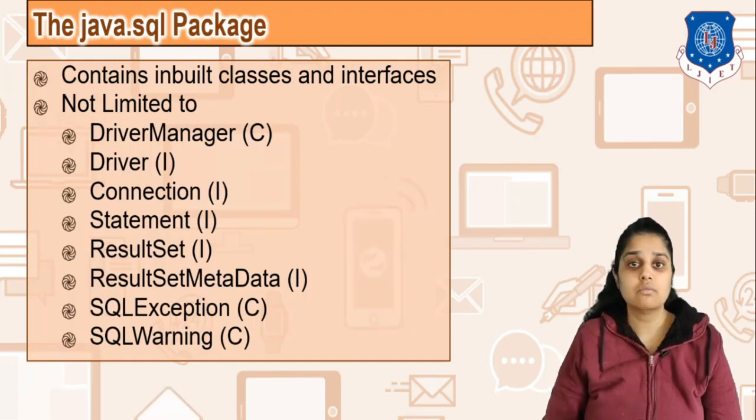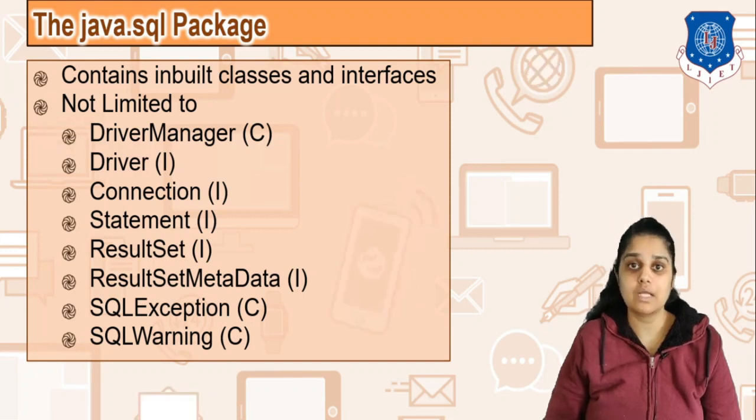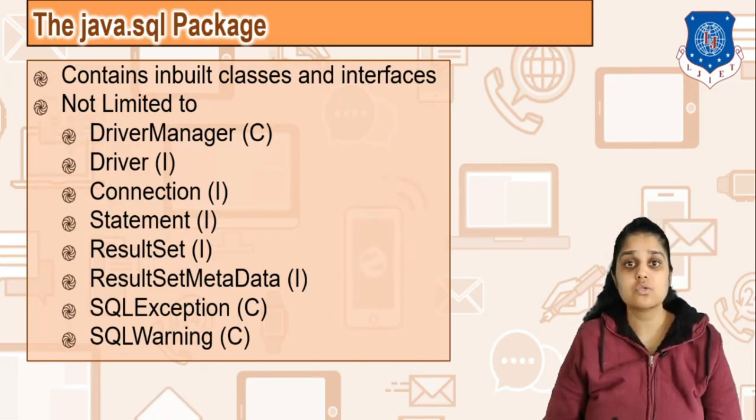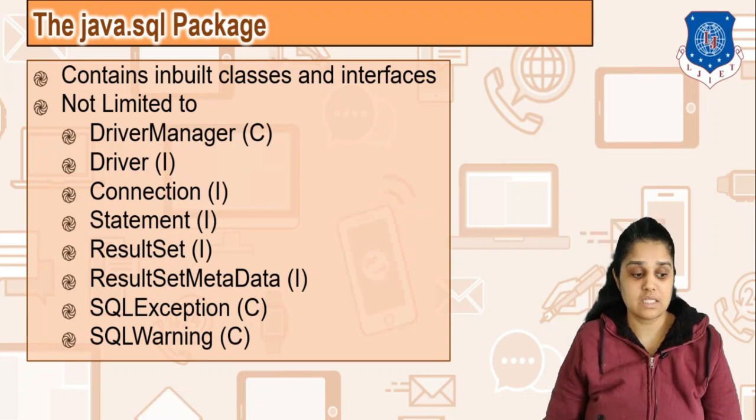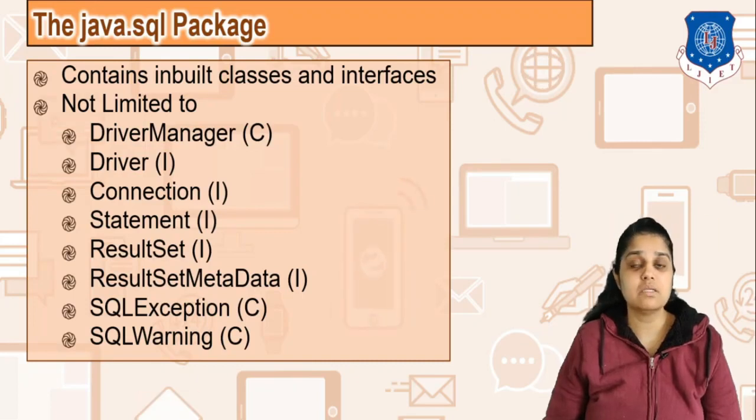Whichever database you want to connect with, you need a specific database driver for that particular database. So this DriverManager has a lot of drivers registered with itself, so it is going to call the specific driver which helps you to connect with a specific database. So we can say that it attempts to select an appropriate driver from a set of pre-registered JDBC drivers. Okay, so it's a class.